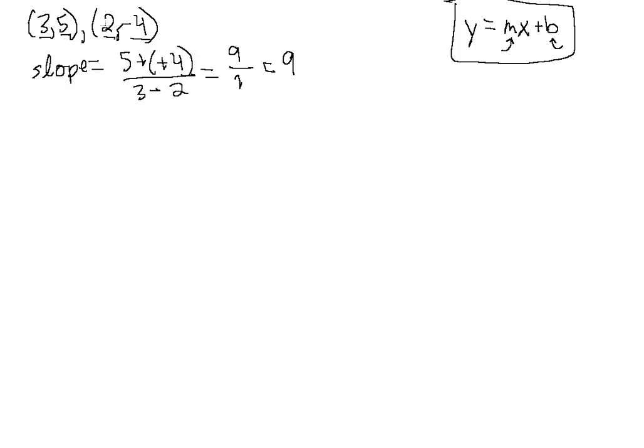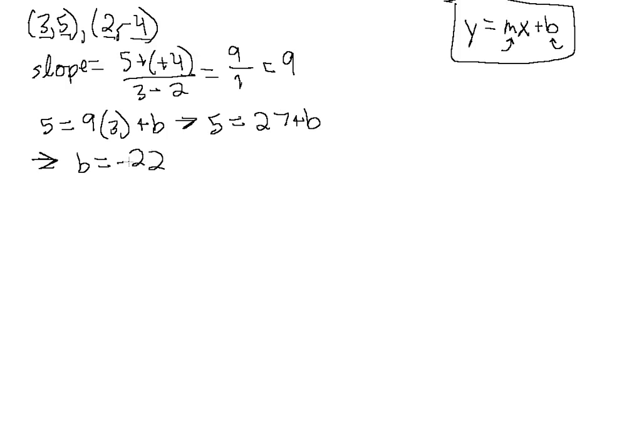Let's plug the point (3, 5) into our general form equation. Here's our y value. So we have 5 = our slope m, which is 9, times our x value, which is 3, plus b. b is what we want to find. b is the y value of the y-intercept, so let's solve for that. We have 5 = 27 + b, and if we subtract 27 from both sides, we have b = -22.